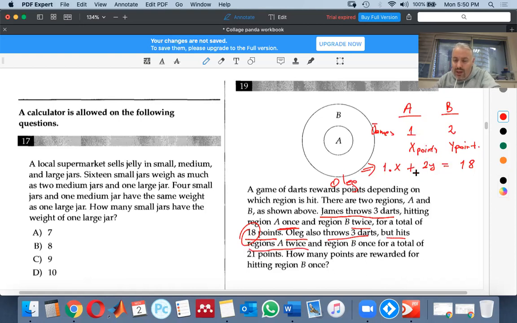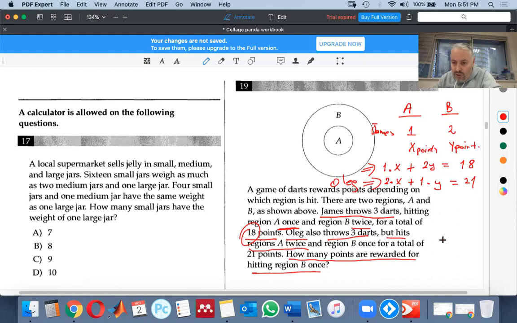So twice means 2 times X, since region A gives X points. And region B once means 1 times Y. And total 21 points equals 21. This is also finished. Now, what is the question? How many points are rewarded for hitting region B once?